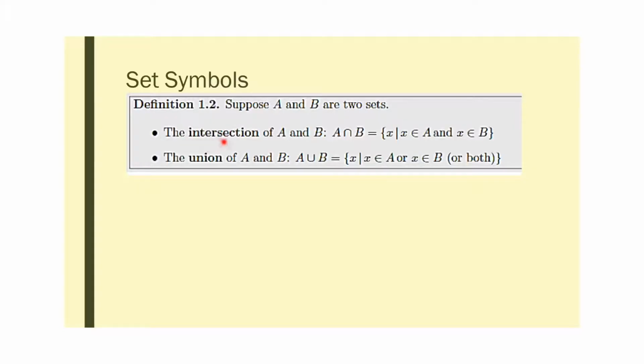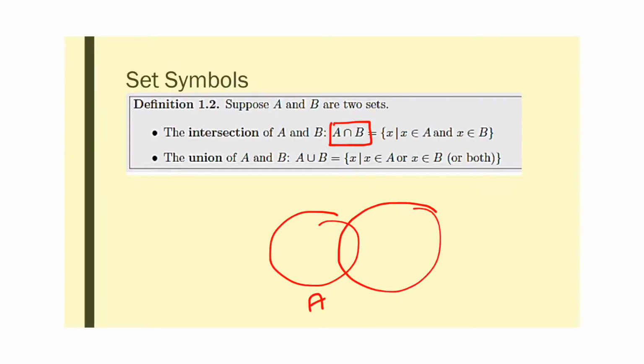So this is the intersection of A and B, represented by this upside down U. This notation means the intersection of A and B. So if I have some set A that overlaps some set B, we've got some elements in the middle, elements in both set A and set B. The intersection of A and B is going to be the part that overlaps in the middle. This part right here. That's your intersection.